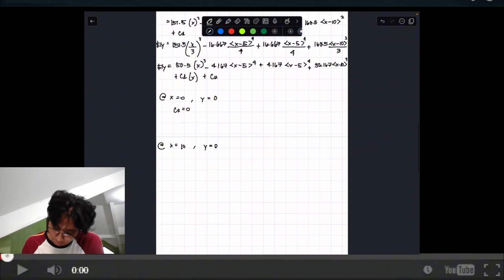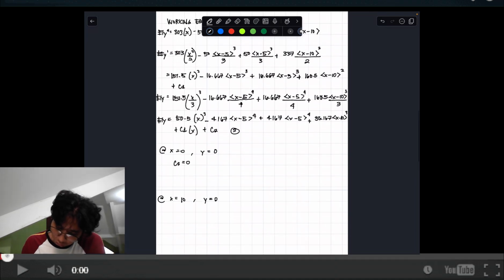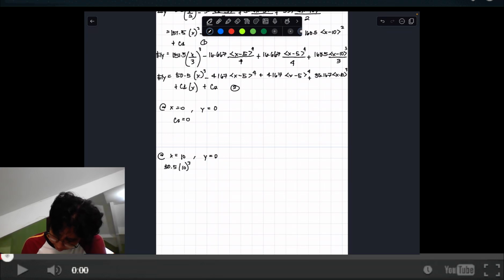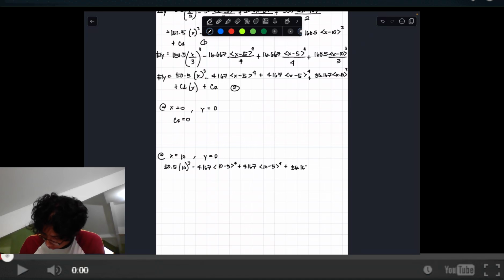So, ito ang equation number 2 natin. Tapos ito pala ang ating equation number 1. So, 50.5 multiplied by 10 cubed, minus 4.167 multiplied by (10 minus 5) to the power of 4, plus 4.167 copy (10 minus 5) raised to the power of 4, plus 56.167 (10 minus 10) raised to the power of 3.